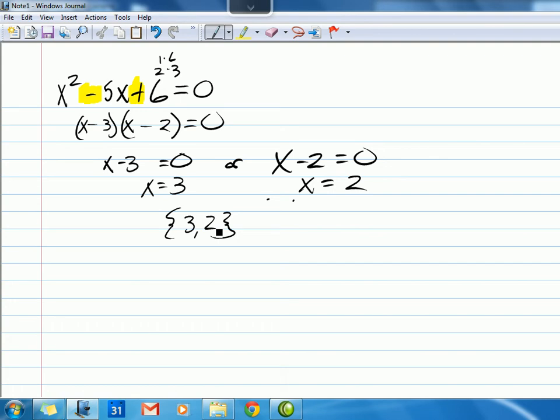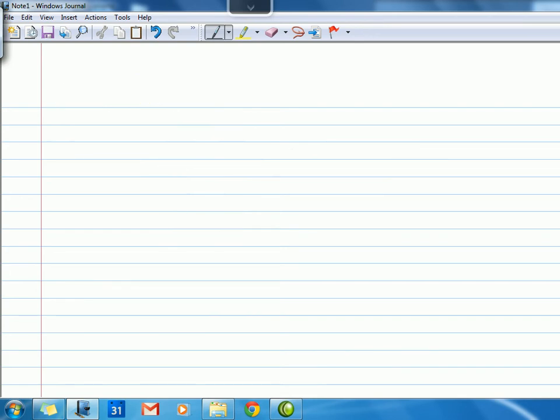Easy enough, right? Now, it is going to come to a point in time where your polynomial equation is not going to be so simple, and you're going to have to do a little bit more work. So say, for example, this one right here, x squared equals x plus 30. If it's not already equal to 0, then you set it equal to 0. The way you do that is just form a trinomial or a polynomial, and basically get everything over to one side.